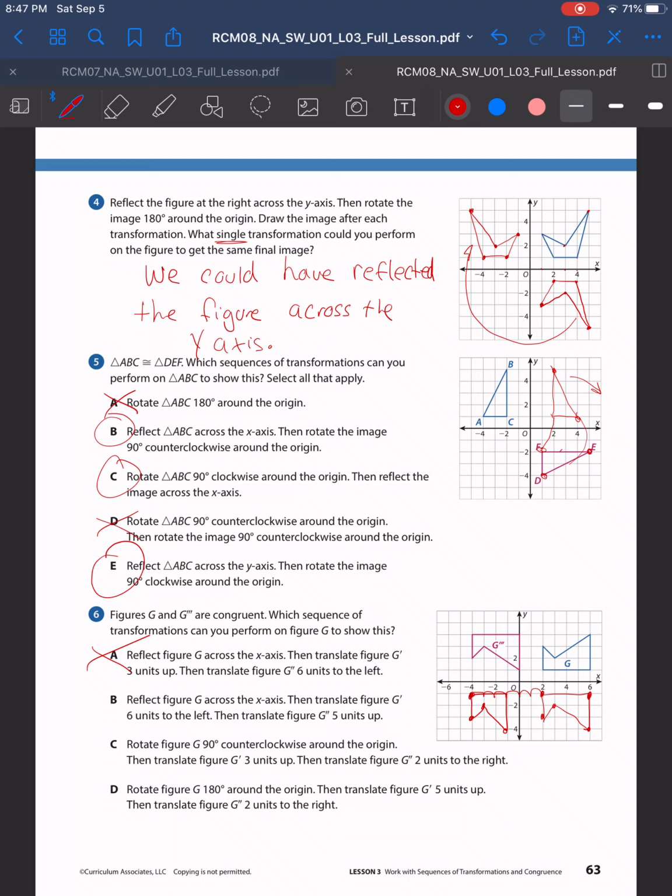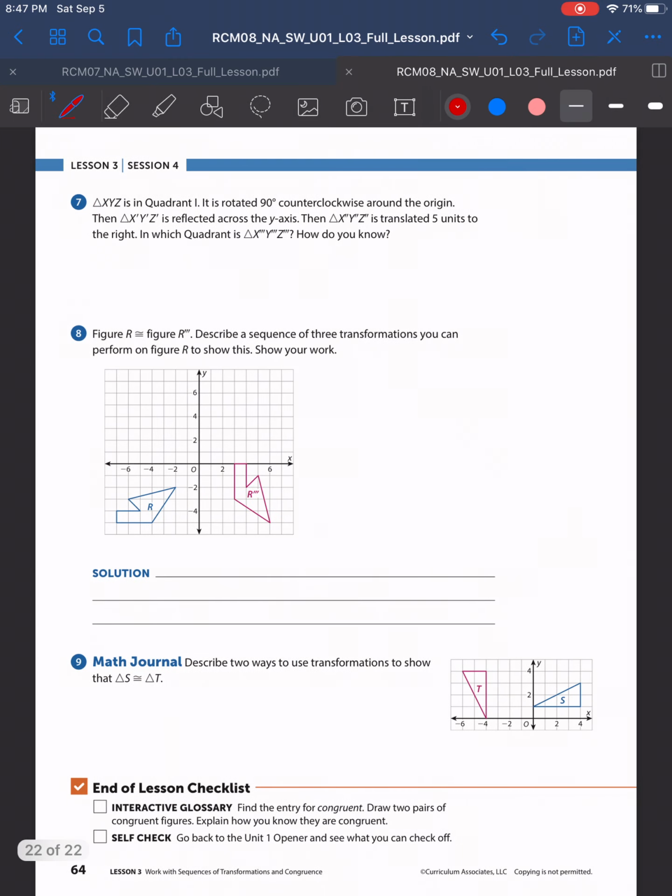It should be like way further out here, huh? Okay, and then moved it 5 units up. 1, 2, 3, 4, 5. Oh, look, you guys, it would. If I were to slide this little sucker up there, it would land perfectly on there. So B works. I'm not even going to worry about C and D. Okay, number 7.